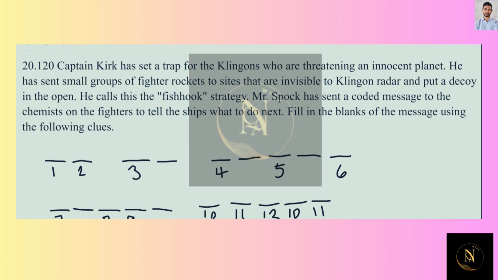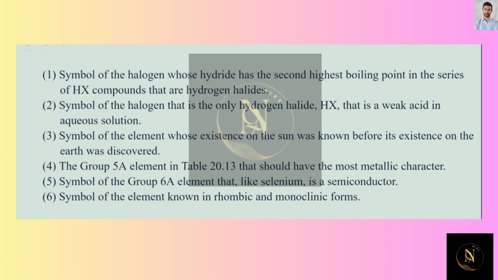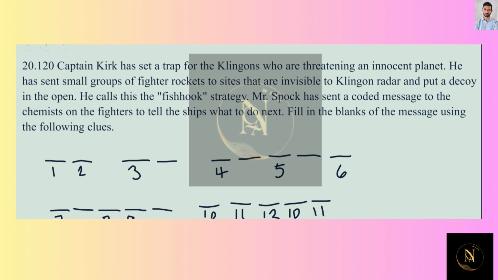So we have a bunch of blanks that are labeled with numbers that correspond to clues. So our first clue is the symbol of the halogen whose hydride has the second highest boiling point in the series of HX compounds that are hydrogen halides. So of our hydrogen halides, HF has the highest boiling point, and the second highest boiling point is actually of HI.